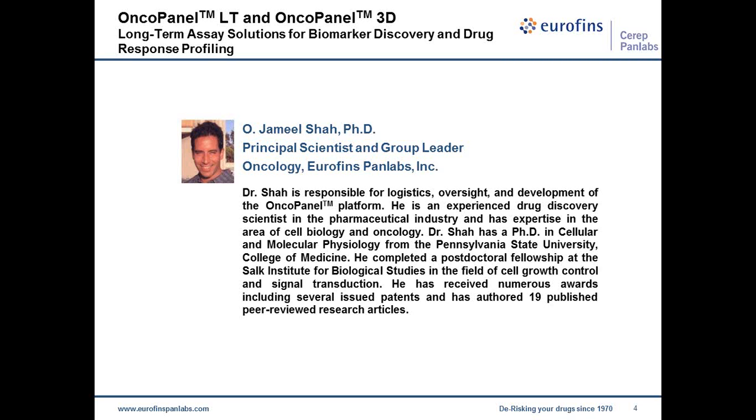Dr. Shah has a PhD in cellular and molecular physiology from the Pennsylvania State University College of Medicine. He completed postdoctoral fellowship at the Salk Institute for Biological Studies in the field of cell growth control and signal transduction. He has received numerous awards, including several issued patents, and has authored 19 published peer-reviewed research articles.